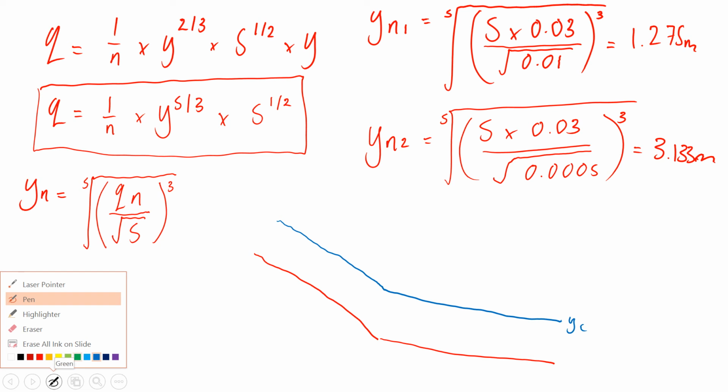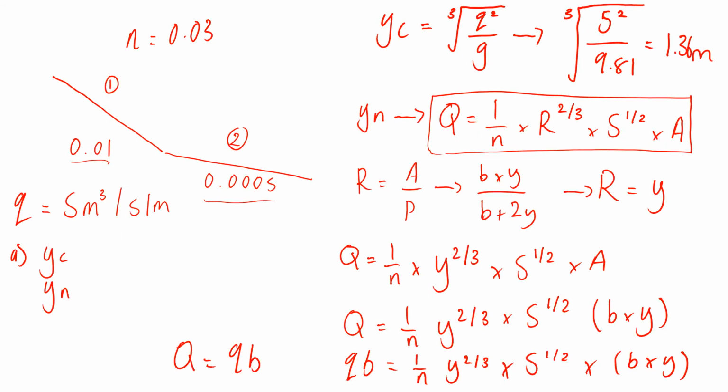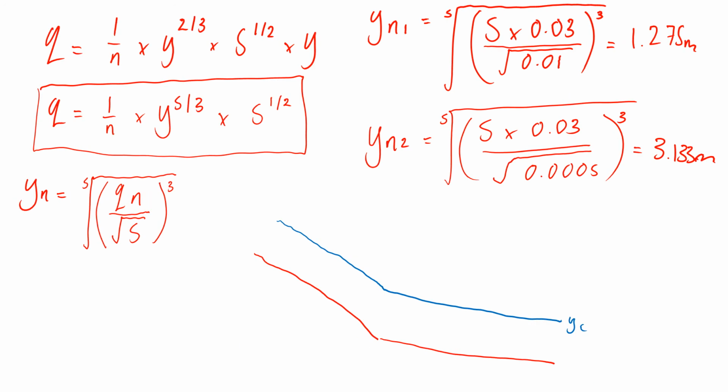Now if we draw yn1, the value you got for yc is 1.36 meters, and the value for yn1 is 1.275, so it's lower than the yc line. So it's here, that's yn1, and then yn2 is higher. So the line goes there.